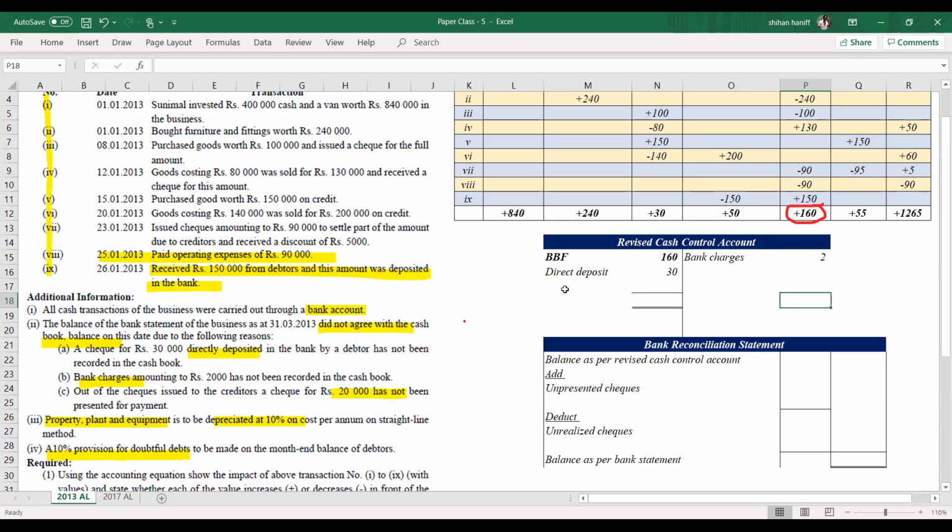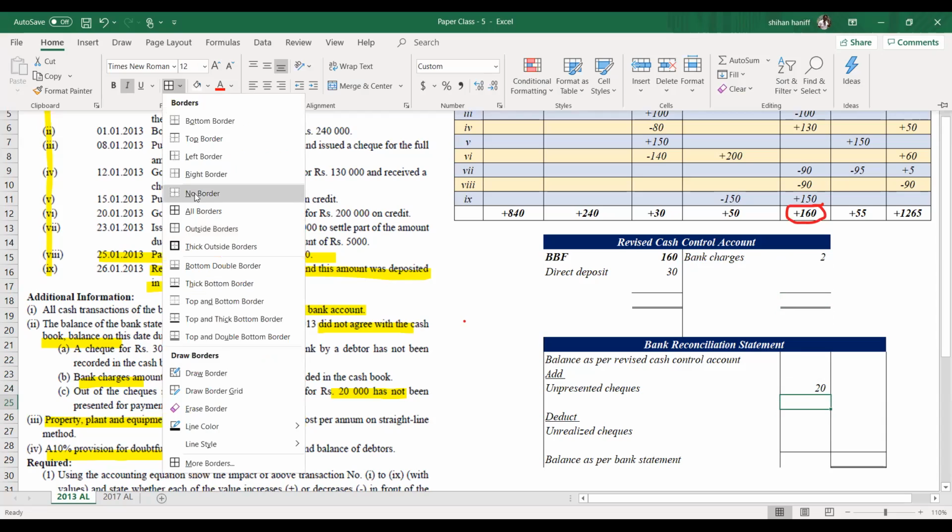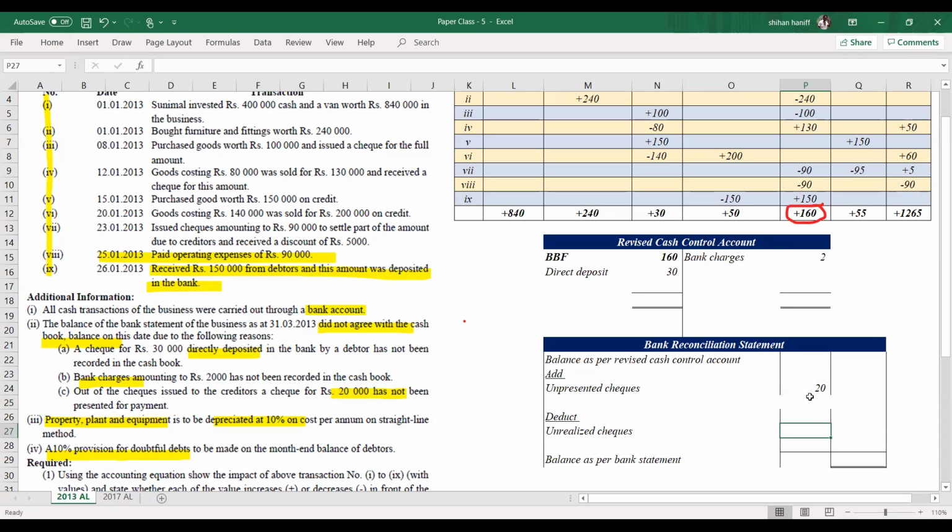Out of the checks issued to creditors, 20,000 has not been presented. So unpresented check is 20,000. So there is only one unpresented check. There are no more transactions.